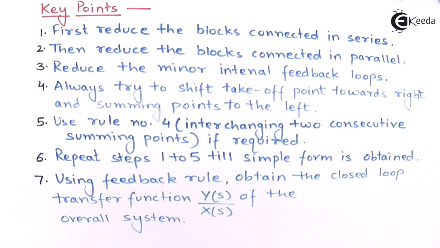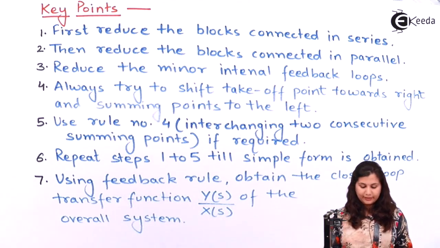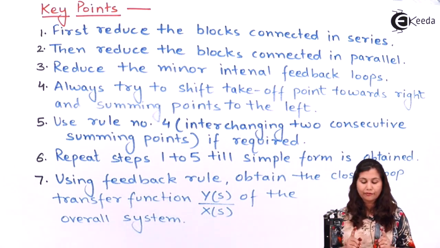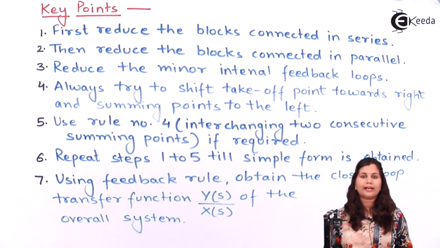The first key point is that just first reduce the blocks which are connected in series. We have studied this rule: when they are in series, you just multiply the transfer functions of all the blocks. So first, see the question and reduce the blocks connected in series, so the block diagram will be simplified in some way.